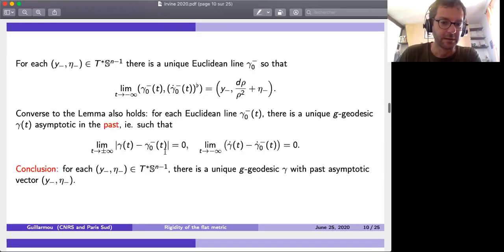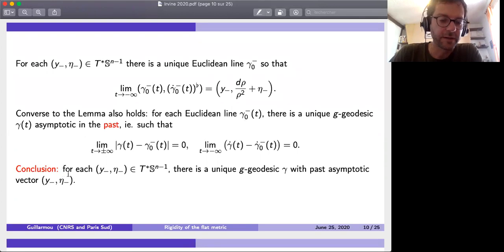Conversely, if I now take a Euclidean line gamma 0 minus, for instance the one I had just before, then I can also show that there is a unique G geodesic which is asymptotic in the past to this gamma 0 minus. So it's the converse result to the one in my lemma. In my lemma, I have gamma of t, and I approximate it by a Euclidean line. Conversely, if I take a Euclidean line, I can approximate it by a G geodesic in the past. And same thing in the future.